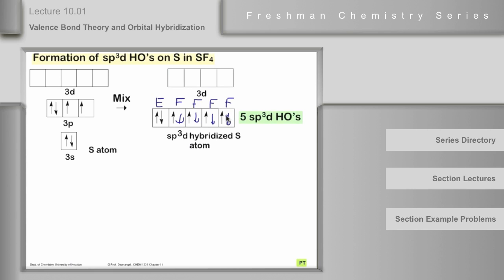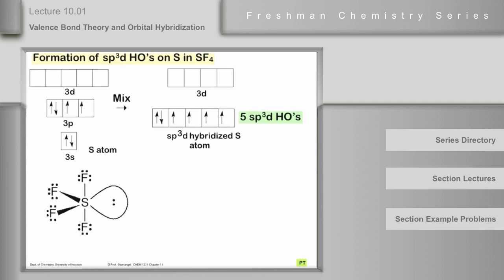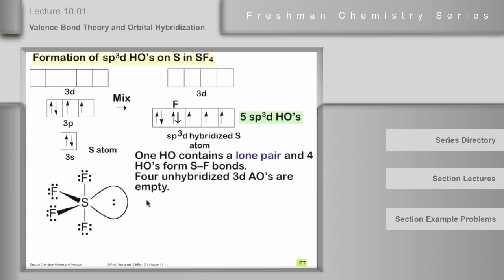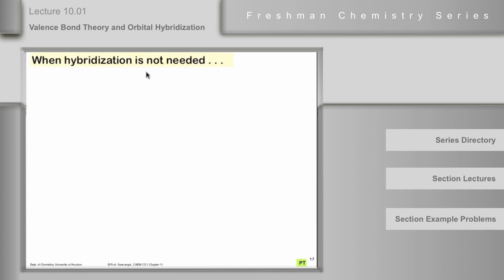Okay. Last thing I need to do today is to tell you when not to use hybrid orbitals. We've seen many examples of when to use them. When do you not need them?